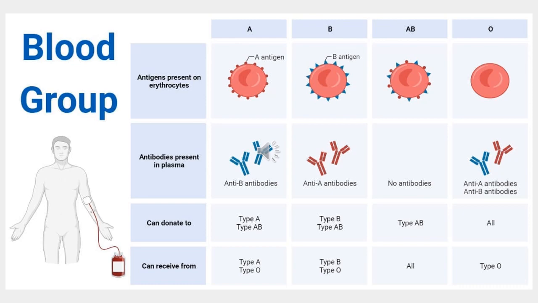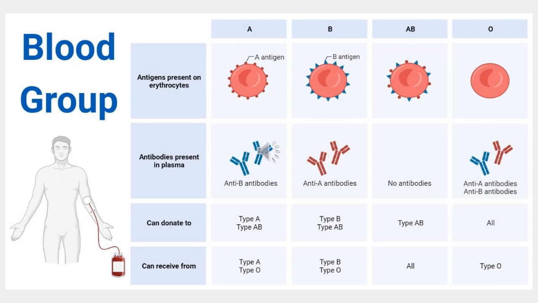The A has the A-type antigen, the B has the B-type antigen. AB has both antigens. O has none of them. When we look at the antibodies that are present, again, that is broken down to having the anti-B antibodies in type A, the anti-A antibodies in type B, no antibodies in type AB, and both antibodies in type O.